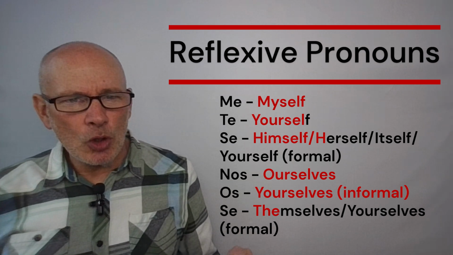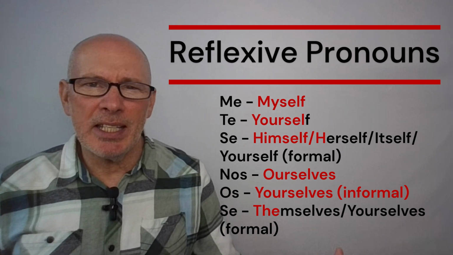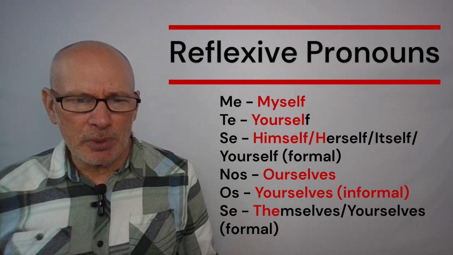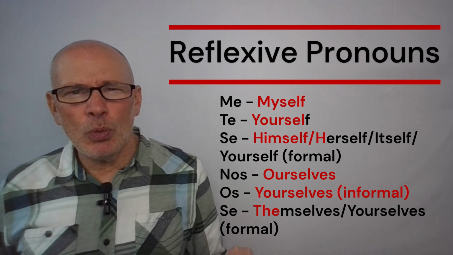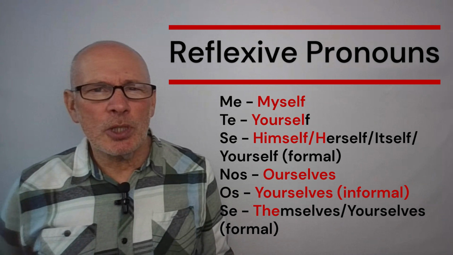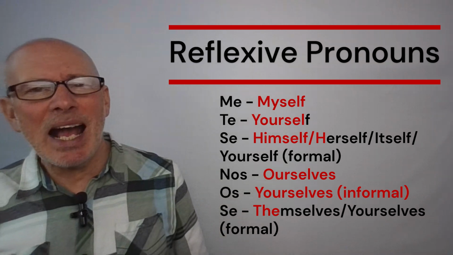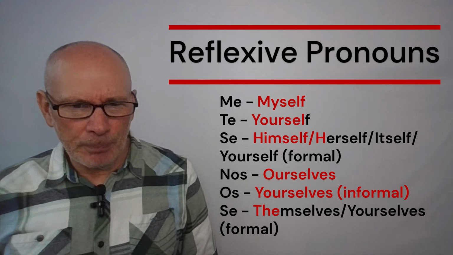Next up we have nos, meaning ourselves, os, meaning yourselves in the informal sense, and se, again, meaning themselves, yourselves in the formal sense. So, of course, these verbs are used reflexively when the action of the verbs acts on the subject of the verb. Let's take a very simple example.